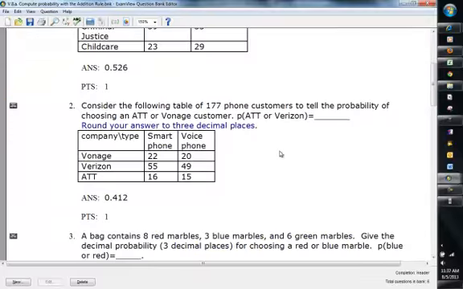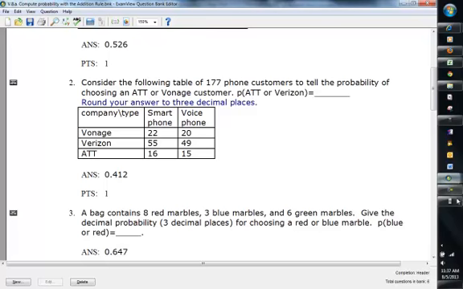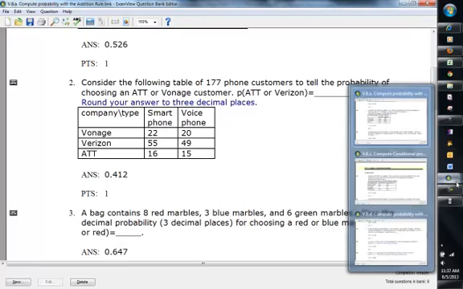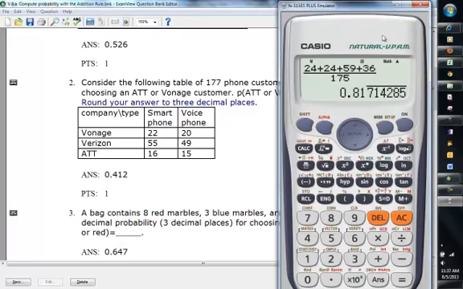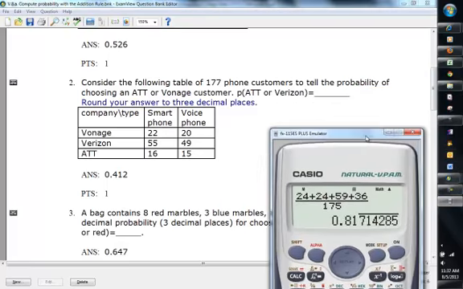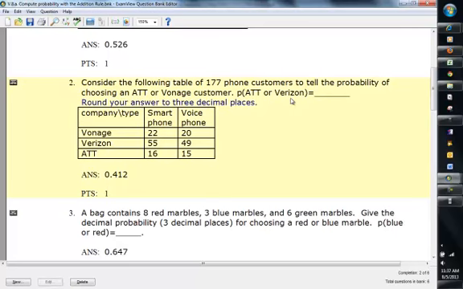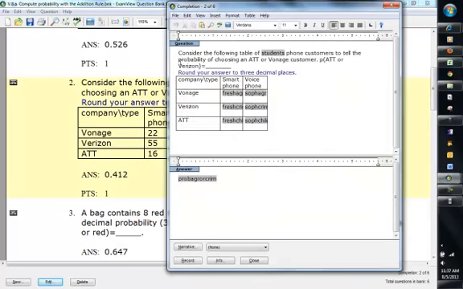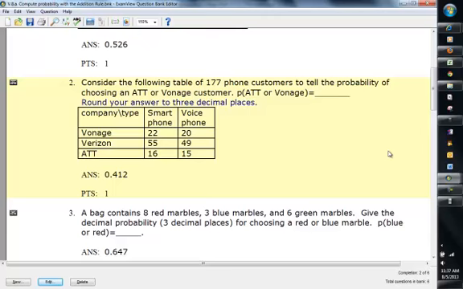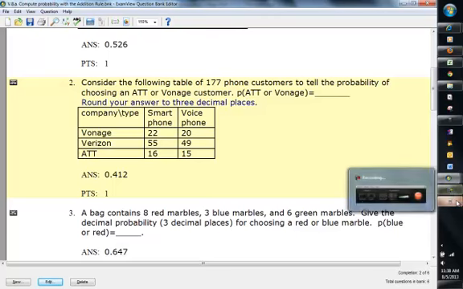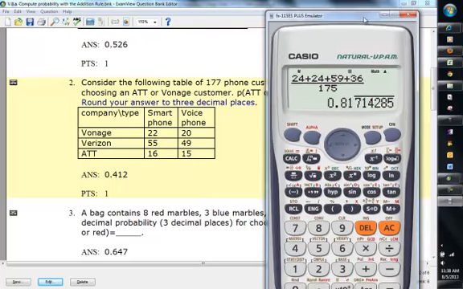Next one. Let's look at this one. Find the probability, out of the 177 customers, of choosing an AT&T or a Vonage customer. So we would do AT&T.